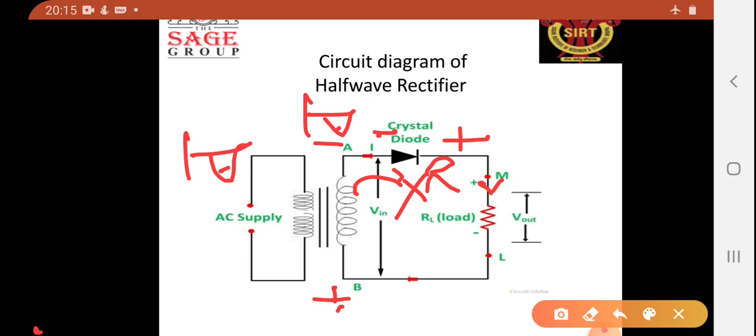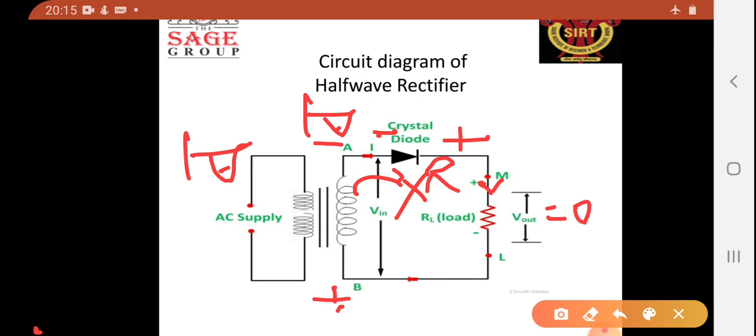So current cannot pass through the load resistance RL, and since V out is equal to I times RL, V out is equal to 0. So the negative cycle will not flow through the diode. We can say that in this circuit the negative cycle of the AC will be blocked and the positive cycle of AC will flow.